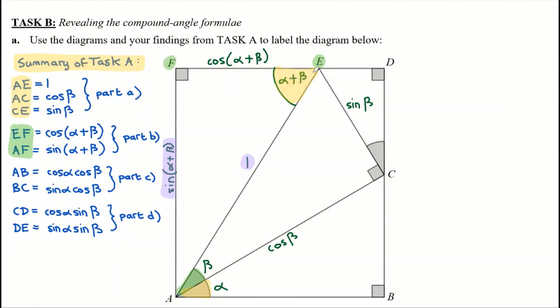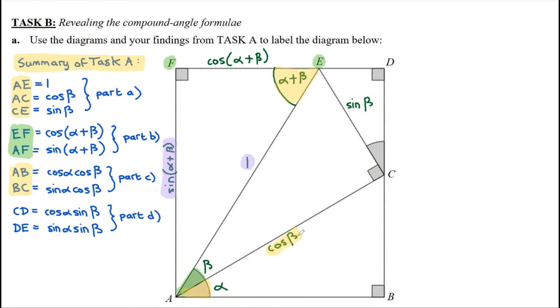Now, if we move on to the part C list, we've got AB and BC we can put in. Now, you'll notice that's the triangle from part C, resting on the bottom. We have the angle already. We know the hypotenuse, which is here, of this angle is cos beta because that hypotenuse is shared with the adjacent side of the triangle ACE.